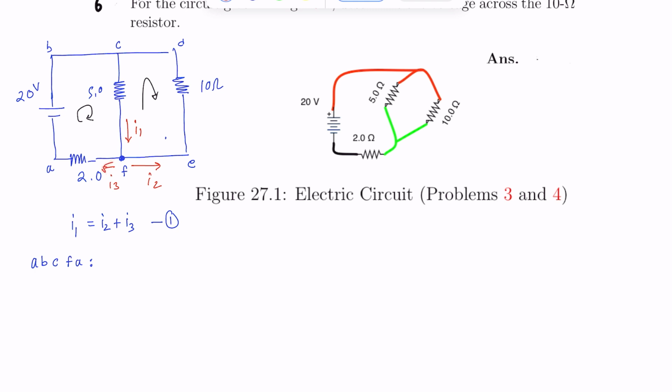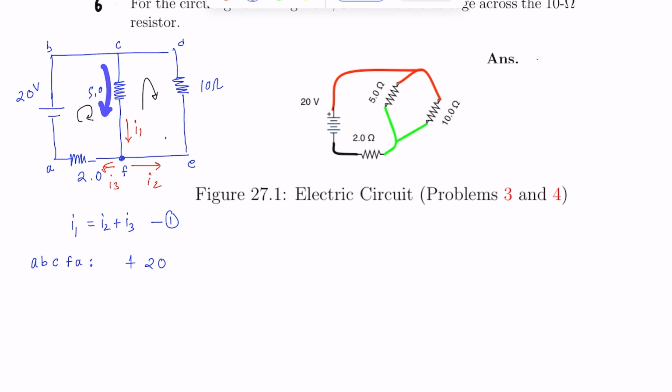That means going through the battery like this, the sense of rotation is the same as the direction of the current, and if that happens in the case of a battery, I write down the opposite sign of the incoming direction. That means we are coming in from here. This is negative, this is positive, so I'm going to write down positive 20 volts.